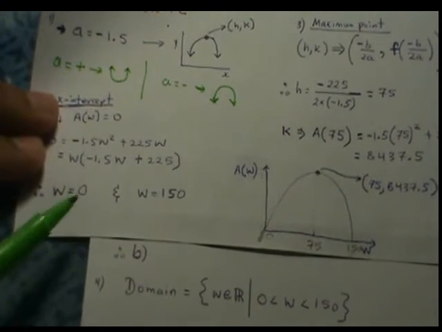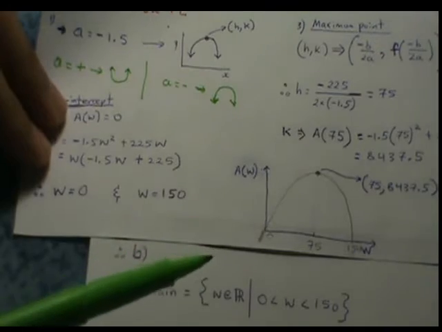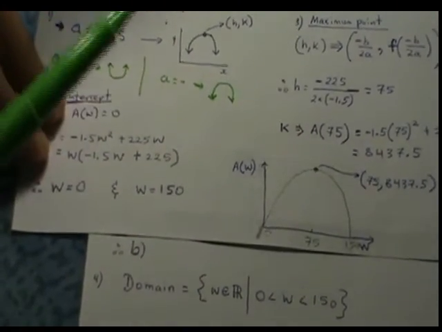So it's 0 and 150. And because this is a real life problem, we should understand that the lowest value for the width, or in any general real problem, is always going to be 0. So just keep in mind.